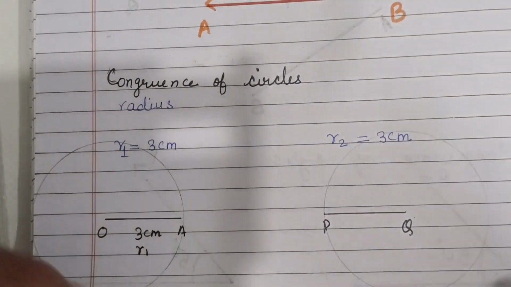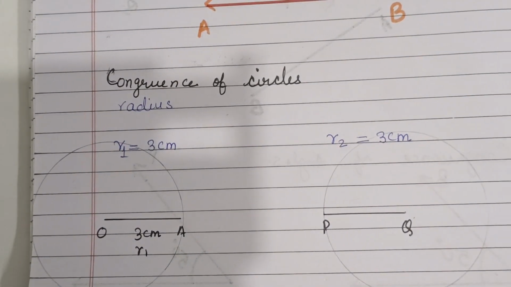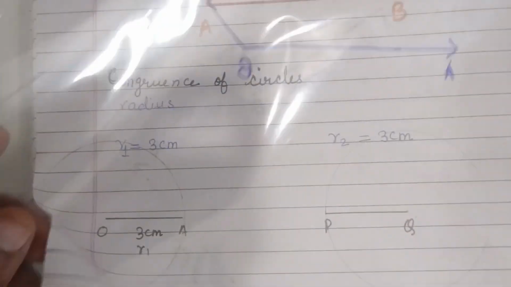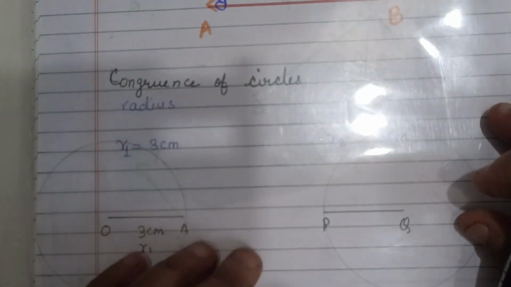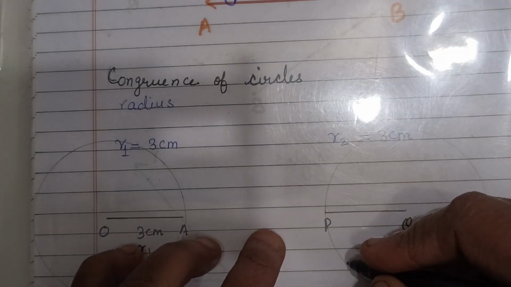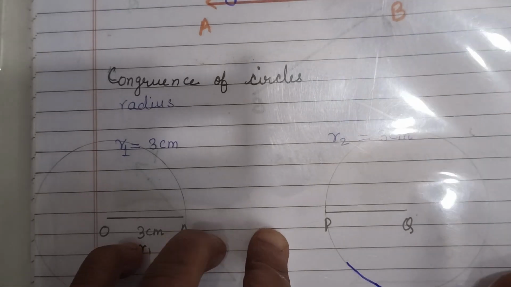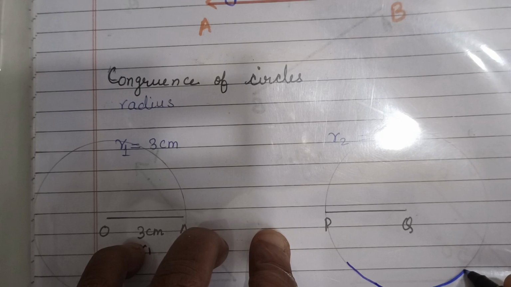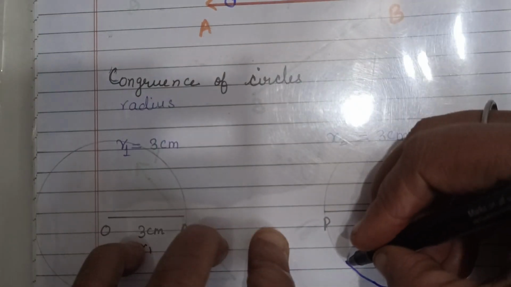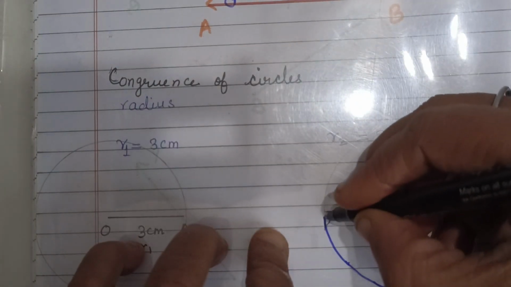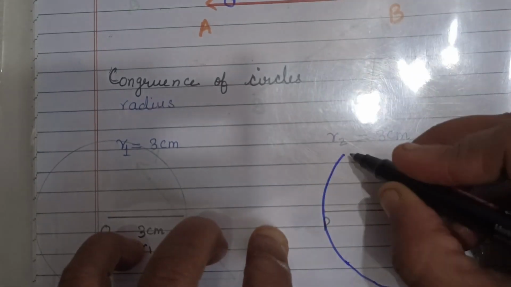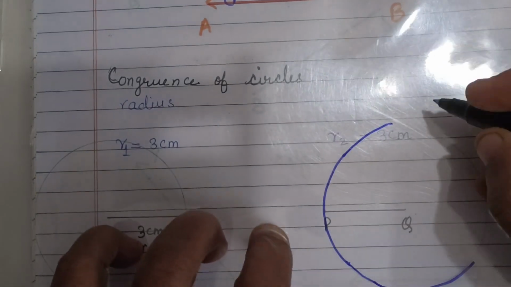You can check by using the tracing paper. Keep the tracing paper on PQ. Make the trace of the circle with center Q and radius PQ.